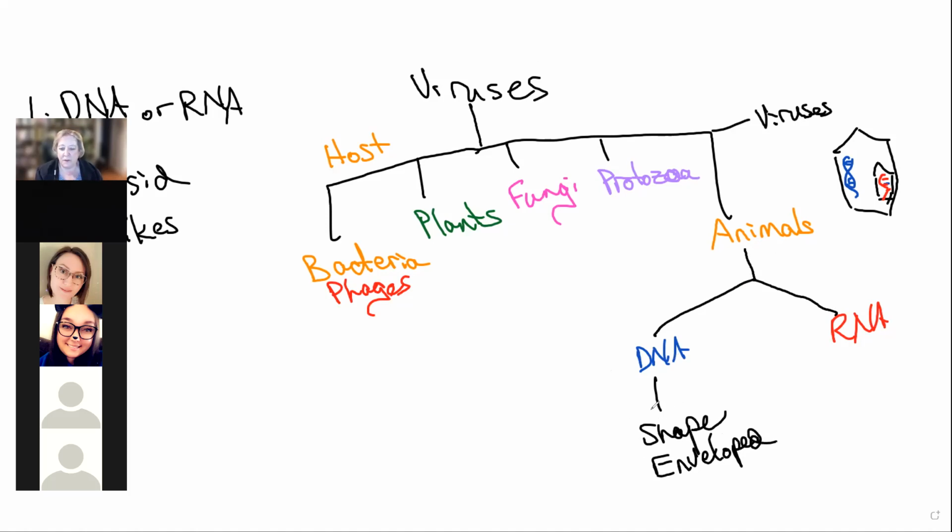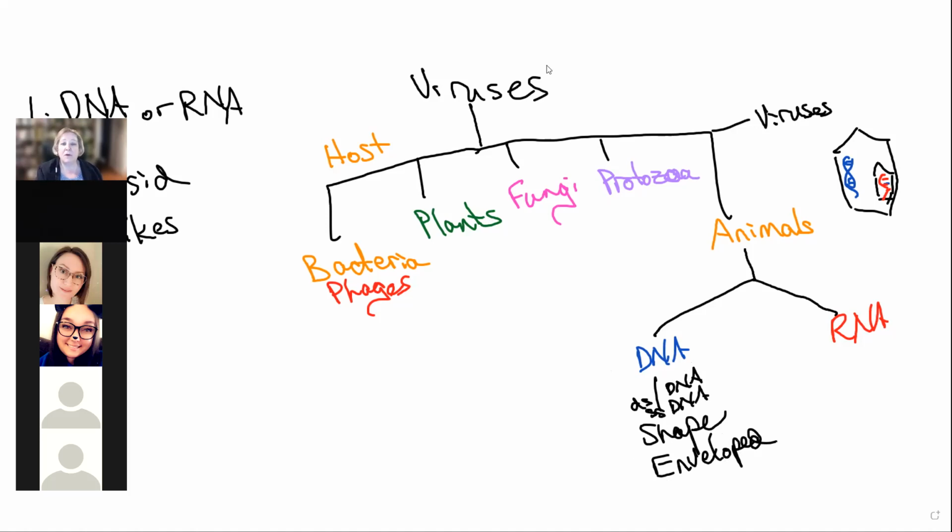We can have single-stranded DNA viruses, we can have double-stranded DNA viruses. Those are the first two big divisions, the host, and then whether they're DNA or RNA. Then we'll go into the shape of the capsid and whether they're enveloped or not.